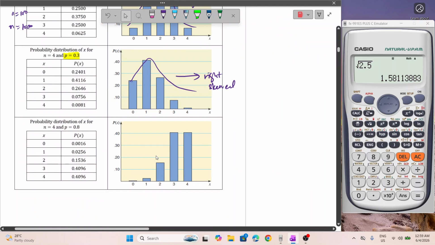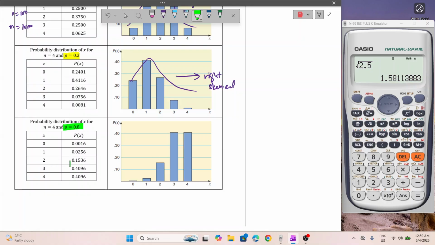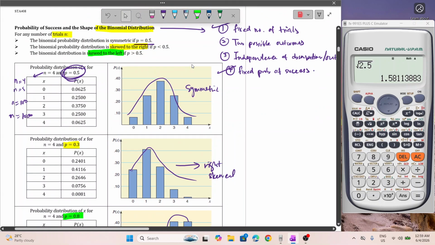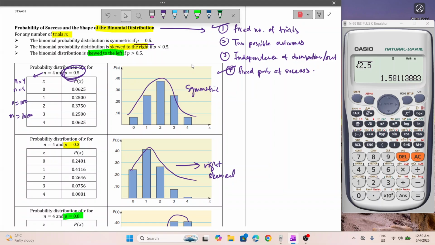So now you know that the skewness of the distribution differs when the probability value changes.